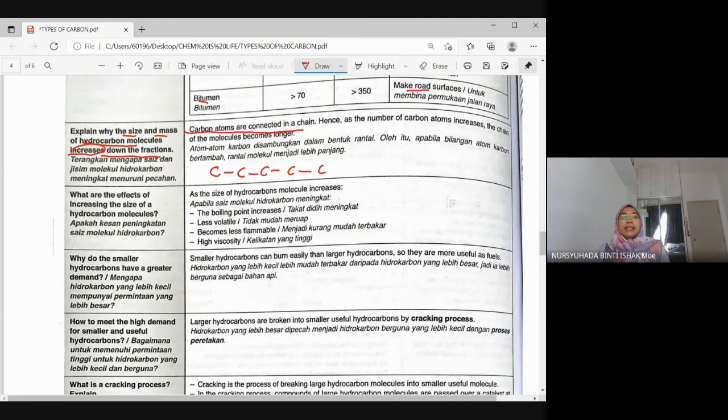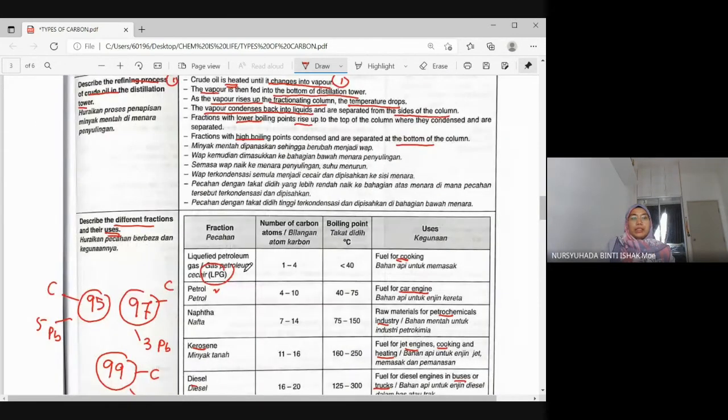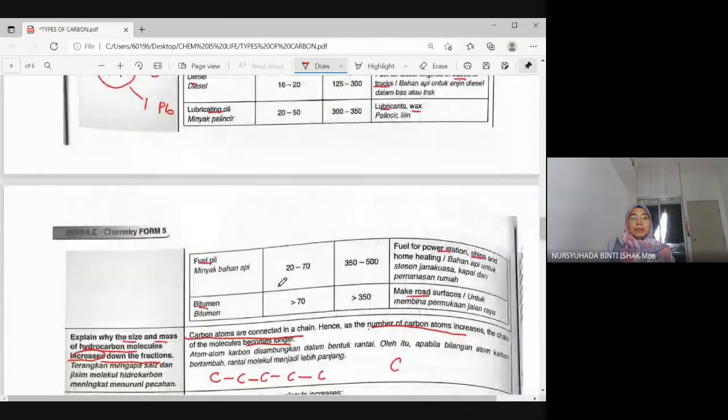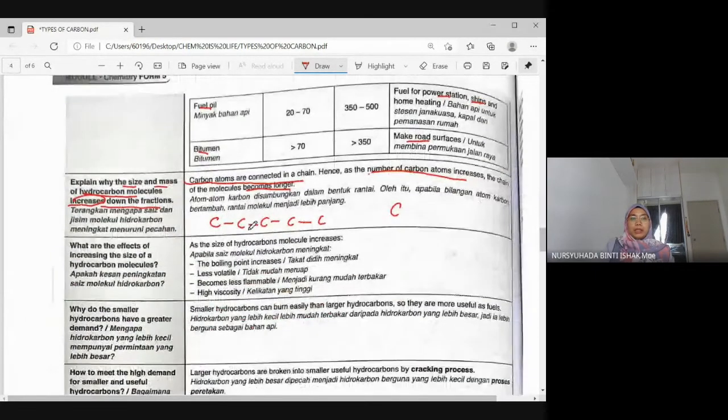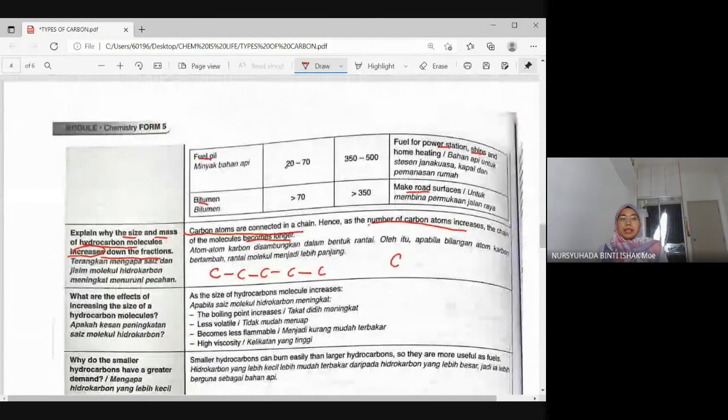Hence, as the number of carbon atoms increases, maka chain dia akan jadi panjang. Contohlah kamu tengok ya. Okay, kalau cikgu ambil contoh petrol, 5 carbon. Ni petrol, so 5. Kalau cikgu ambil naphtha, 7 hingga 11 carbon, kita ambil 11. Makin panjang.